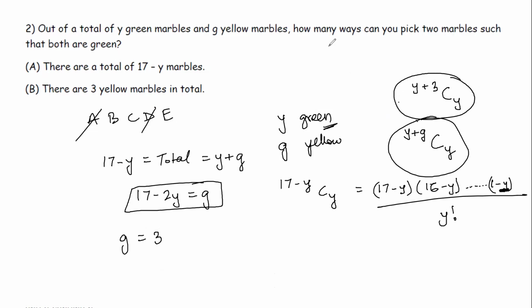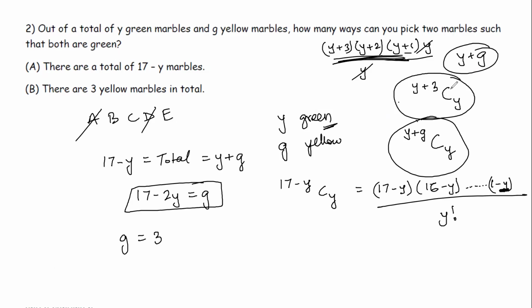So this one is Y plus 3 into Y plus 2 into Y plus 1 into Y, right? Upon Y factorial. So Y goes, yet the Y part is not there. Correct? We are not able to find Y. We know Y plus G is the total. Not getting anywhere, right?